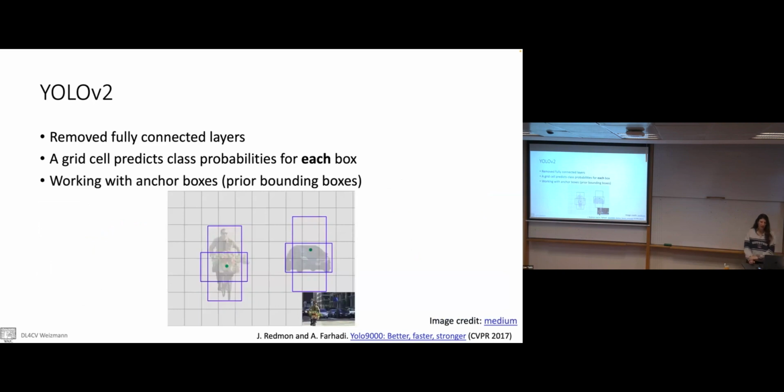Another thing that they utilized from Faster R-CNN is that they worked with anchor boxes. I don't know if you recall, but you don't predict x, y, and you don't predict exactly the width and the height.